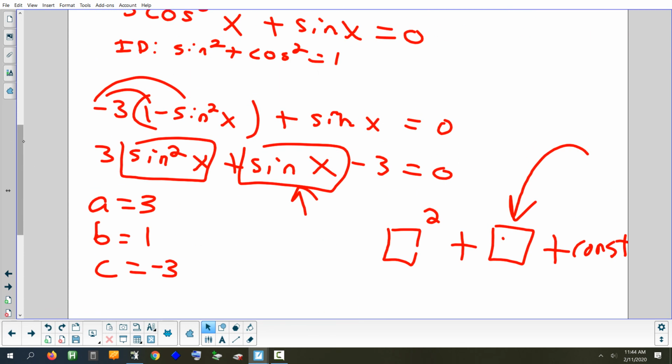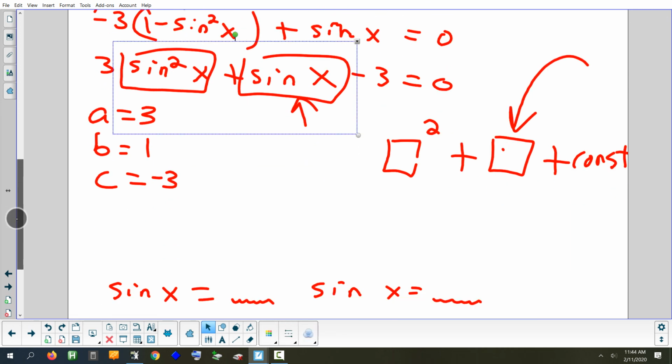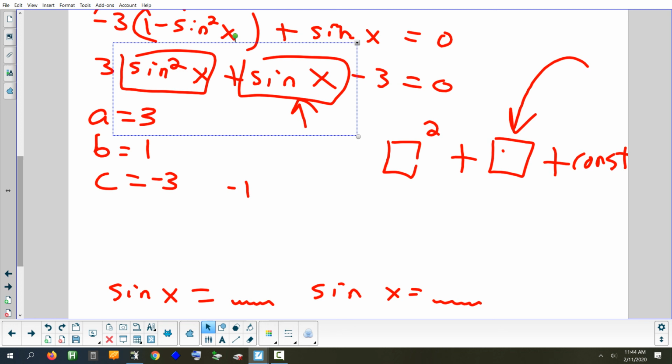You're solving for whatever that box is. So let's go through and do it. All right, so we get negative 1 plus or minus the square root of 1 minus 4ac. Would have been nice if that negative 3 was a positive 3, then we would have had imaginaries and we could have just stopped. But it's not going to happen. All over 2a.